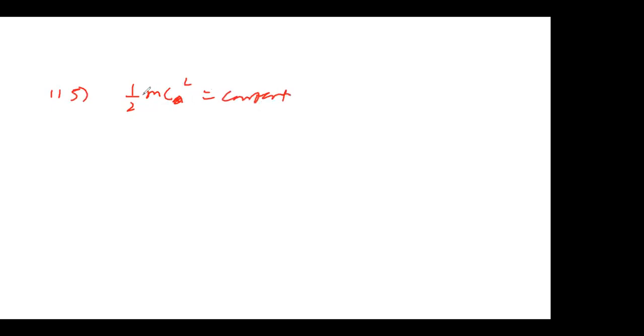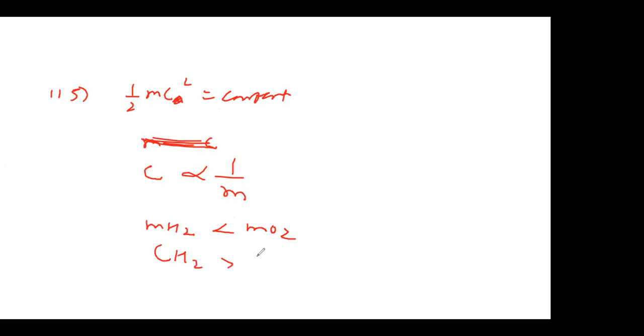Total will be same, लेकिन m and speed are inversely proportional. So C is inversely proportional to m. I can write, mass of hydrogen is less than mass of oxygen. So C of hydrogen will be greater than C of oxygen.